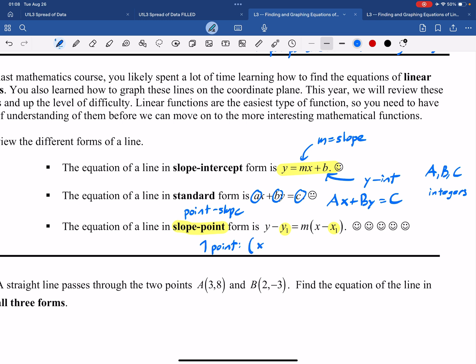And we can call that point x1, y1, okay? And then we need the slope. This is really, really, really useful, okay? So you can, if you want, use your y-intercept, and you can say that that's the point 0, b, and you can use that here, okay? Don't have to.